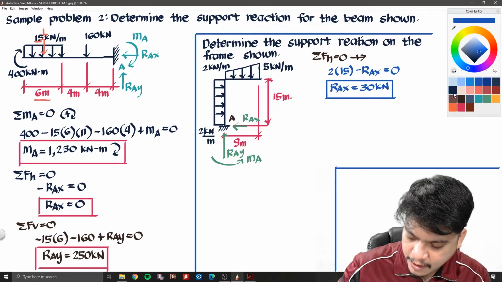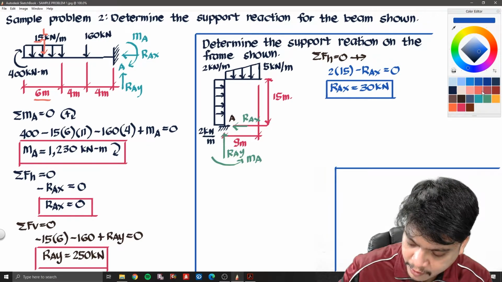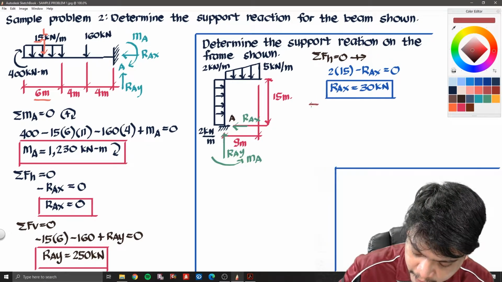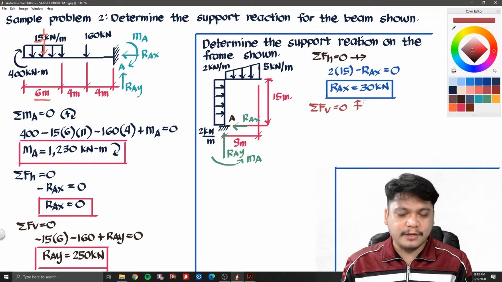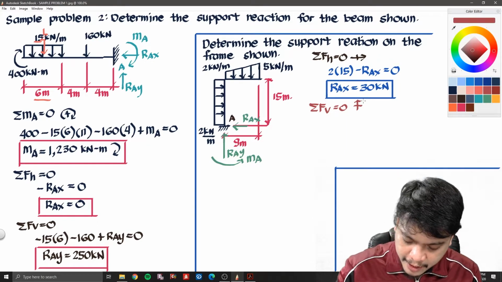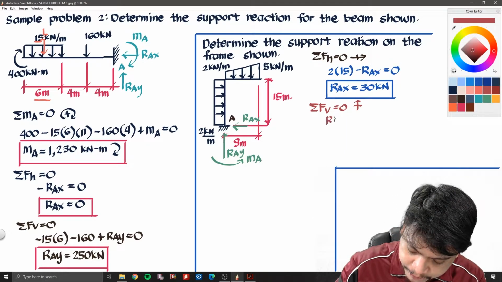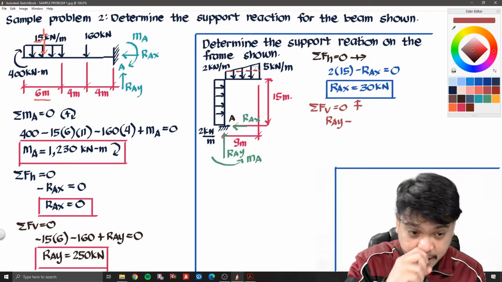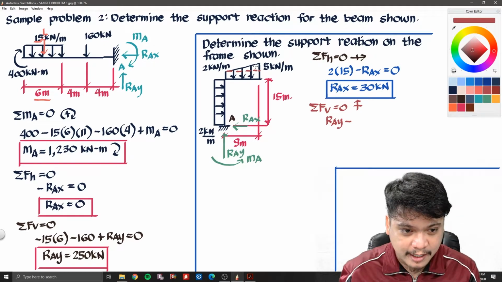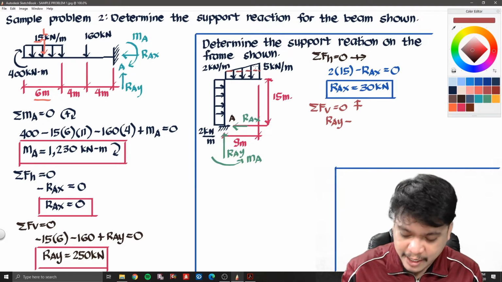Okay? And then, we could also have here summation of forces vertical equal to 0. So, we will be having upward force as positive. Okay? So, meron akong RAY. And then minus, ito pwede nating hatiin, isang rectangle at saka isang triangle. So unahin ko muna yung rectangle.